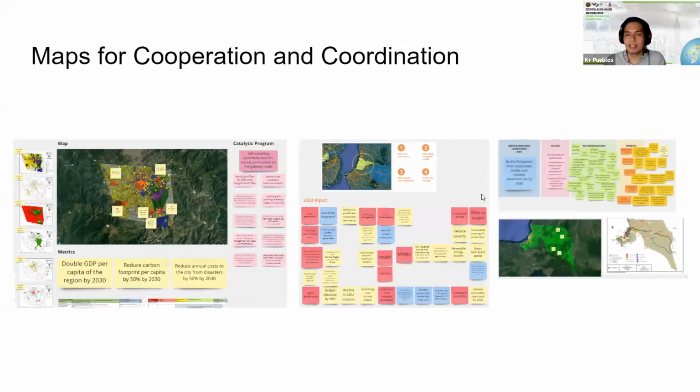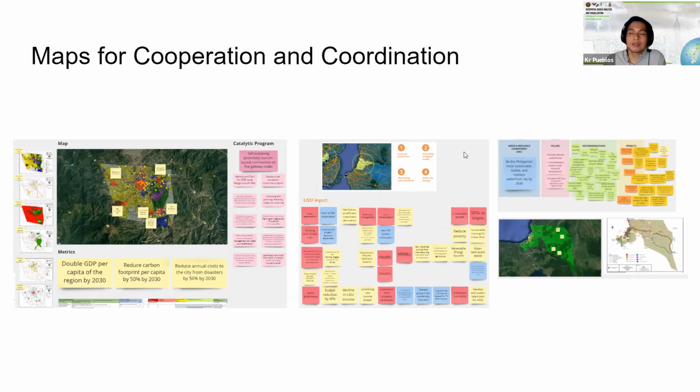And since this was a recent project, because of the pandemic we weren't able to go to these sites and have workshops in person. So what we did was we used digital tools, digital dashboards, to converse with stakeholders and LGUs using sticky notes, but using maps.